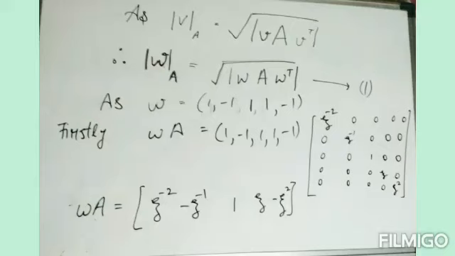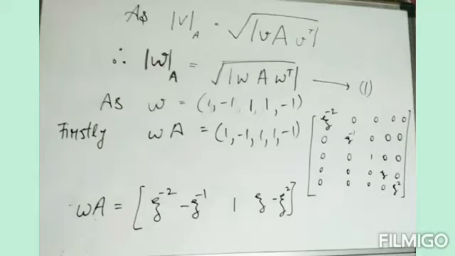As w is given to be (1, -1, 1, 1, -1), firstly wA is equal to (1, -1, 1, 1, -1) into matrix A. We can clearly see that by multiplying vector w with matrix A, we get psi raised to power minus 2, minus psi raised to power minus 1, 1, psi, minus psi raised to power 2.